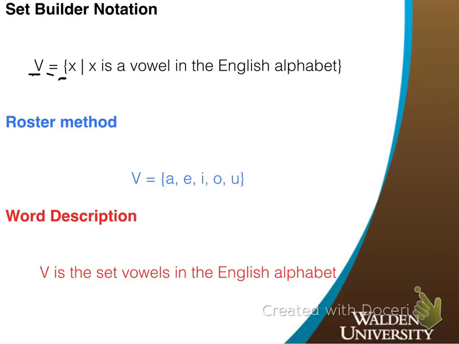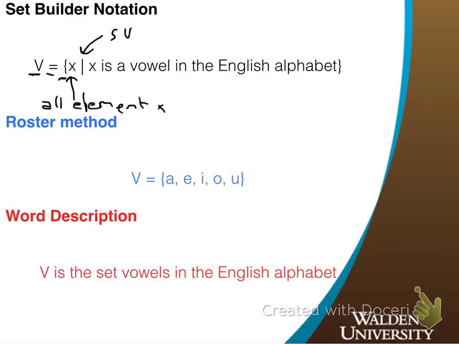And where it gets kind of tricky here is the X and then bar and then X, because what this really means is all elements X right here. All elements X, and then this line going up and down here is bar.